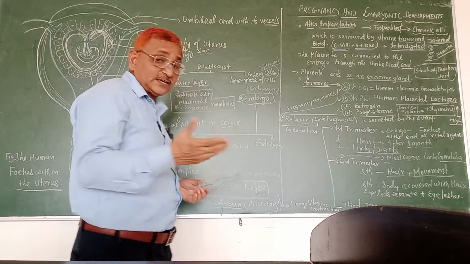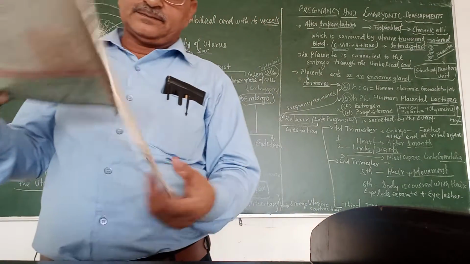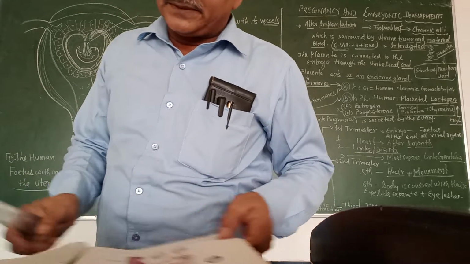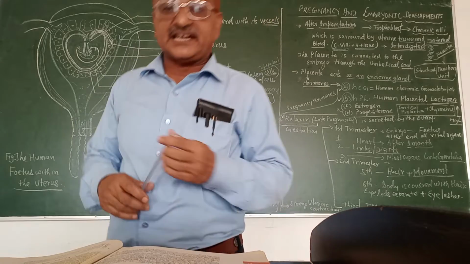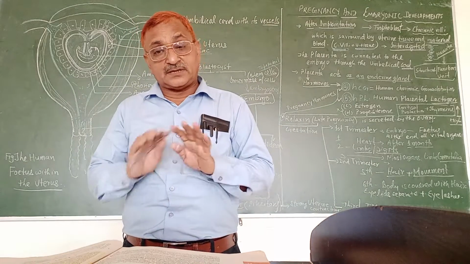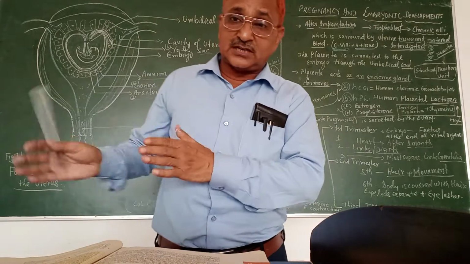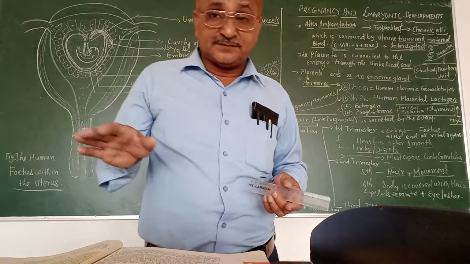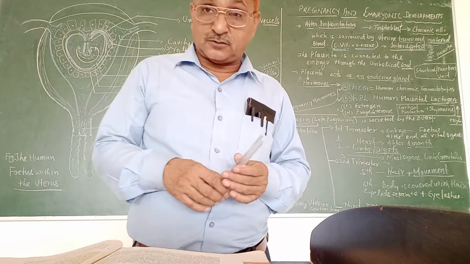So after that, what happens? This is the whole of the events taking place during the pregnancy. So at the end of the pregnancy, you have another topic related to parturition and lactation. Pregnancy is continued still and comes to the last part. Then parturition means delivery, removal of the fetus from the mother's womb. That is called parturition.